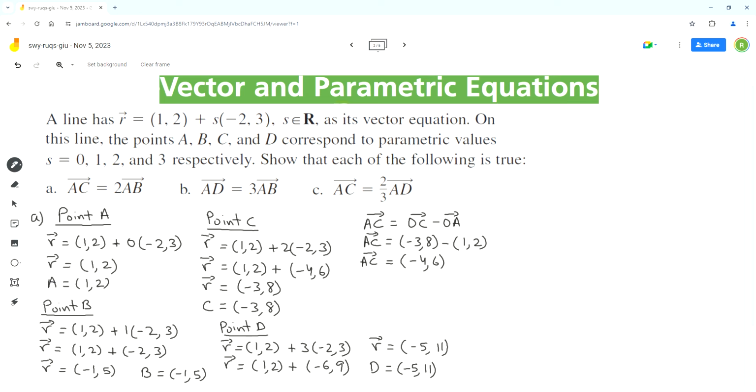Now we can find vector AB. We can break it up into position vectors OB and OA. So for position vector OB, we can use point B, and we can use point A for position vector OA. We can subtract the vectors.